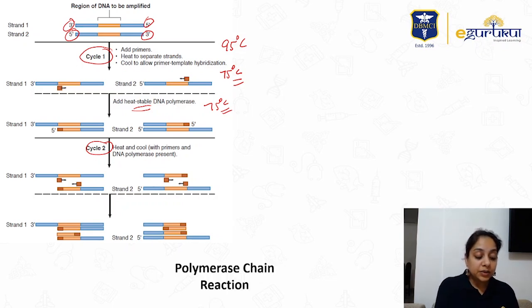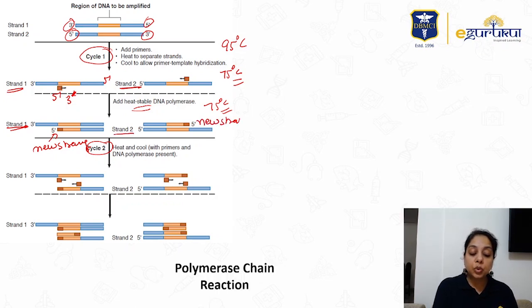So let's say we are talking about strand 1, which is in the 3' to 5' direction. The primer is in the 5' to 3' direction. After the elongation, from one strand you have strand 1, and also this new strand. The same thing happens with strand 2. You make one more strand, so you have strand 2 and then you have a new strand.